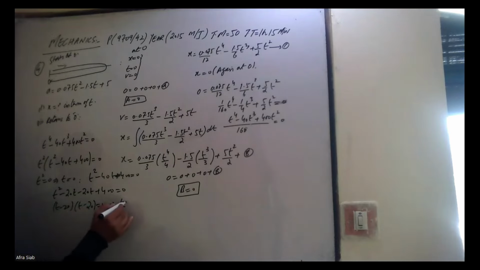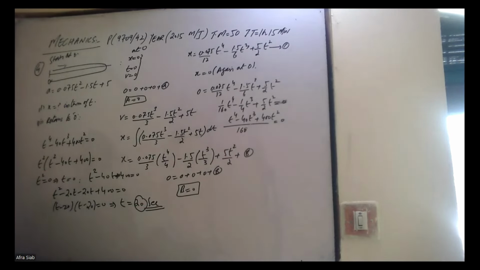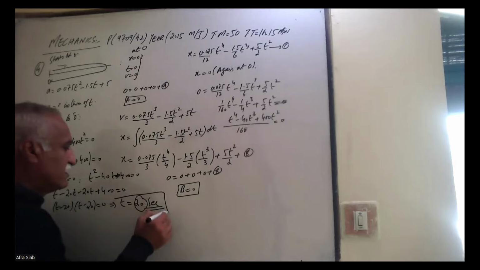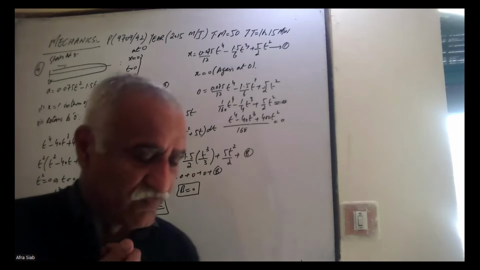This implies that t is equal to 20. So that is 20 seconds, because 0 is the starting point. This is the other time when the particle will be at O again. So this is the complete solution of question number 4.